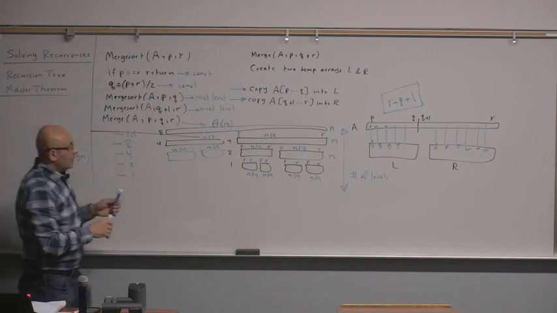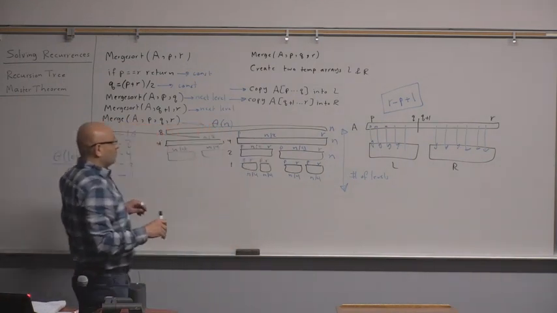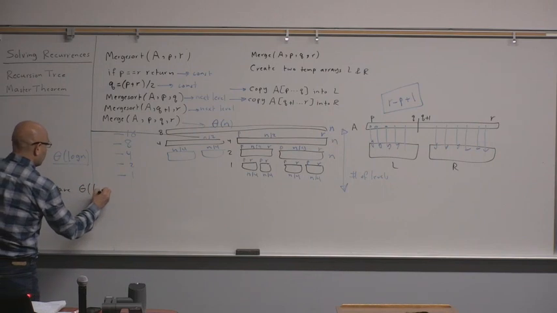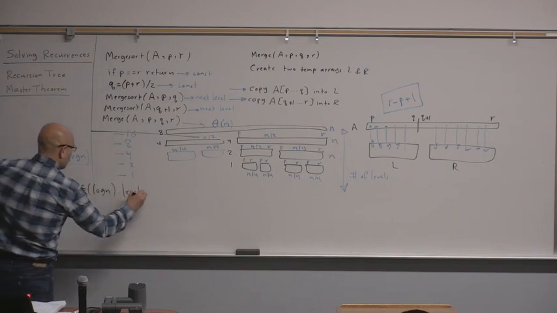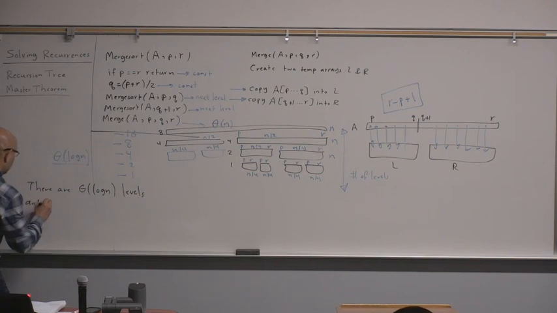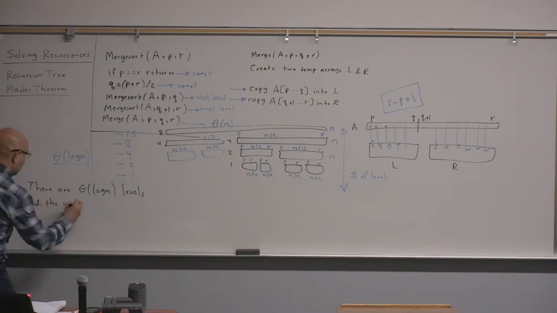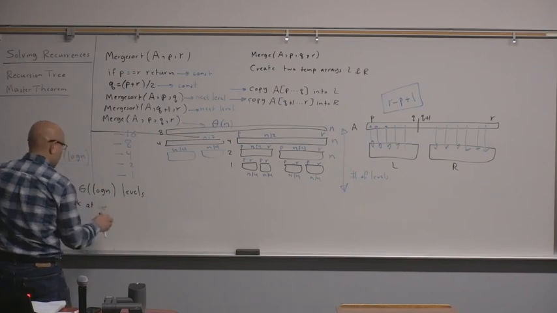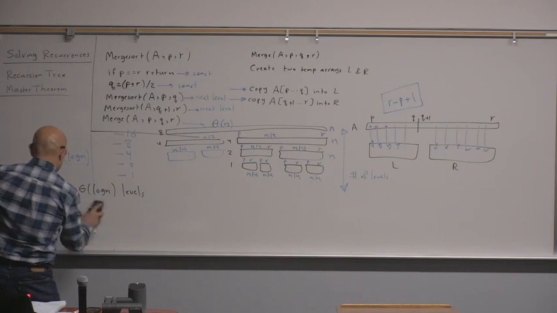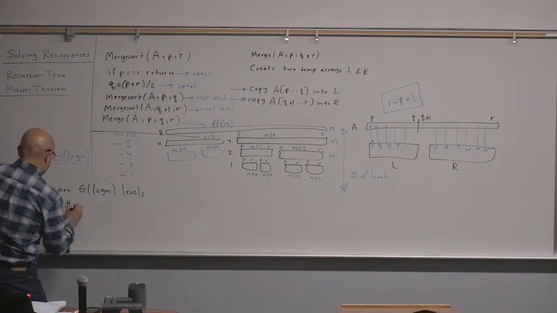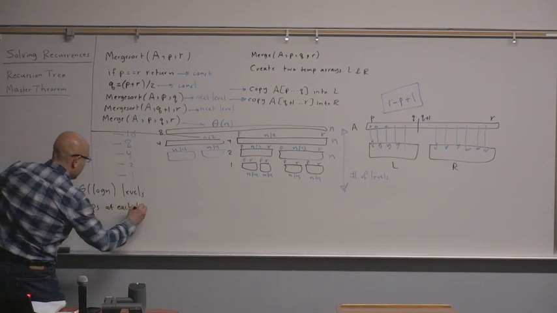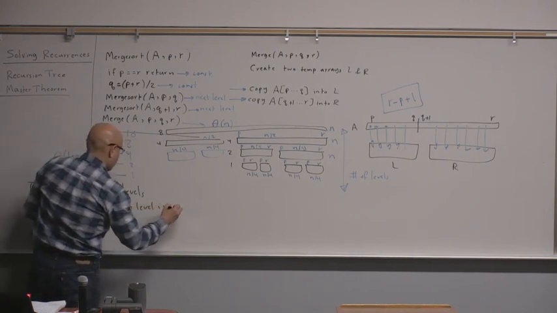So the running time of merge sort, to analyze merge sort, we just say that there are theta of log n levels, and the work at each level, or the number of operations is more precise, the number of operations at each level is theta of n.